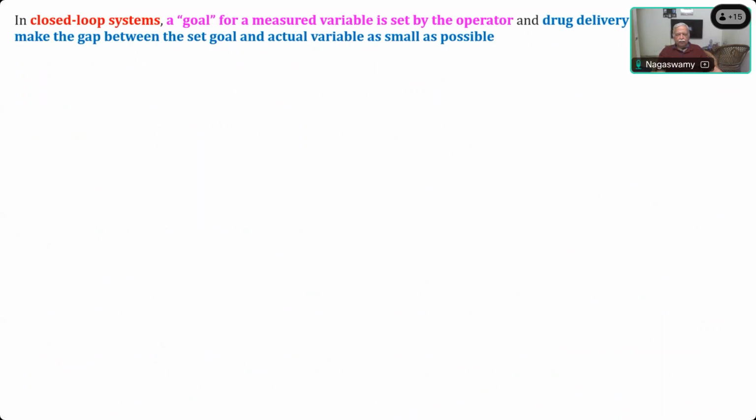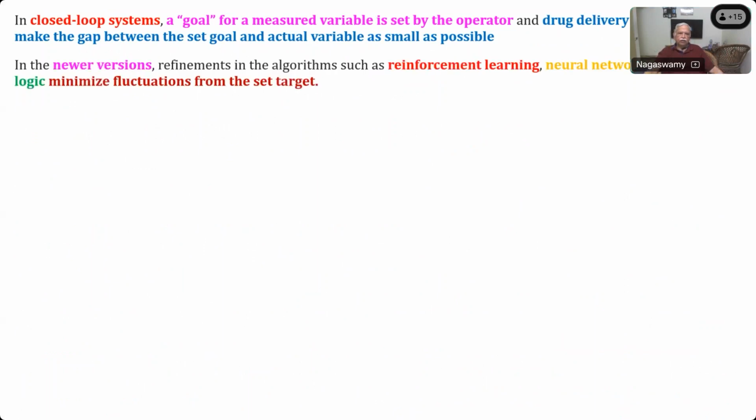But in some patients, this may not be adequate, and the depth of anesthesia may be inadequate, and the BIS value may go up. In that situation, immediately the machine itself will recognize that and increase the infusion rate from 0.2 to 0.4 milligram instead of you trying to alter this. So because of the variables that are available as feedback in the closed loop system, the machine itself will be able to do that.